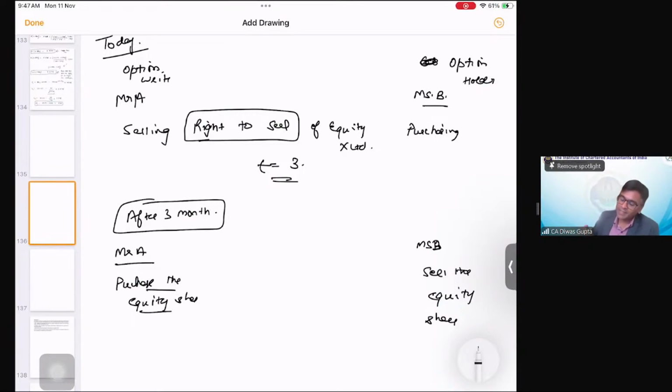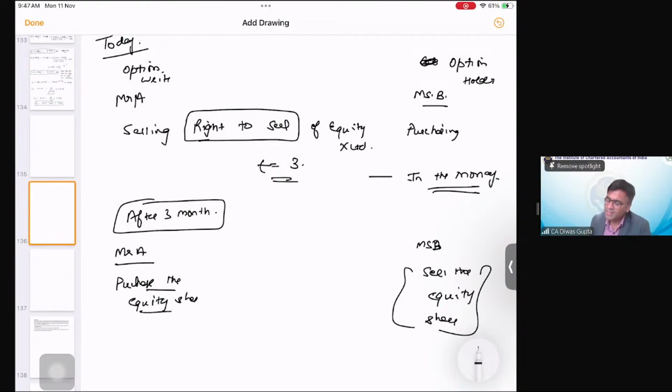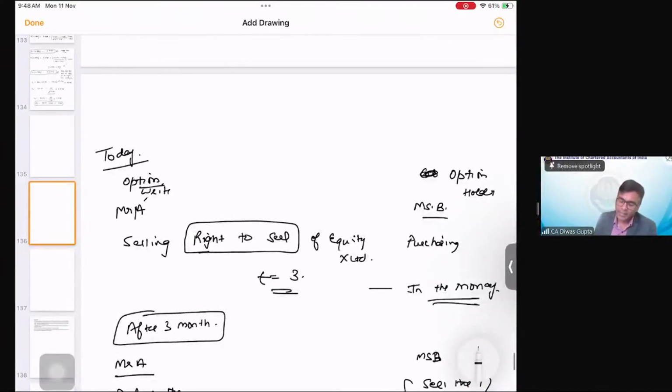I'm saying if the option is in the money. Here we are assuming that the option is in the money, and hence this option will get executed. Once the option gets executed, Miss B will be selling the share because Miss B has purchased the right to sell. So for executing the right to sell, Miss B will sell it to Mr. A, and Mr. A cannot deny. Mr. A has to purchase because Mr. A is an option writer. The option is available only with the option holder, not with the option writer.